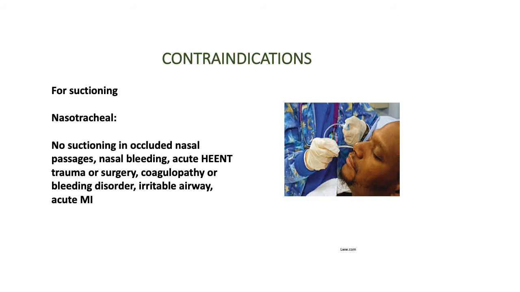And if the patient has had an acute MI, you would not want to suction them via the nasotracheal route because of the possible complication of hypoxemia, which would add increased stress on the cardiac muscle, which needs as much oxygen as possible. Additionally, there's a possibility of the vagus nerve being stimulated during nasotracheal suctioning. This would lead to a vasovagal response where the patient could have bradycardia, which would also not be something that we would want in a patient who has had an acute MI.